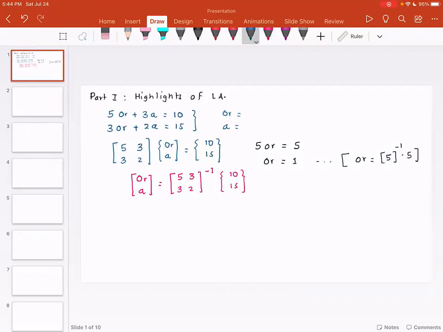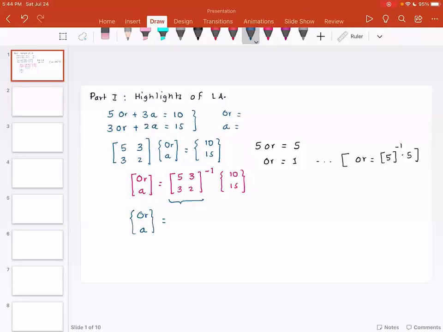Assuming this matrix, which is a bunch of numbers stacked in a square or rectangular fashion, is invertible, which means we can do this operation, we can find the answer for the orange and apple.